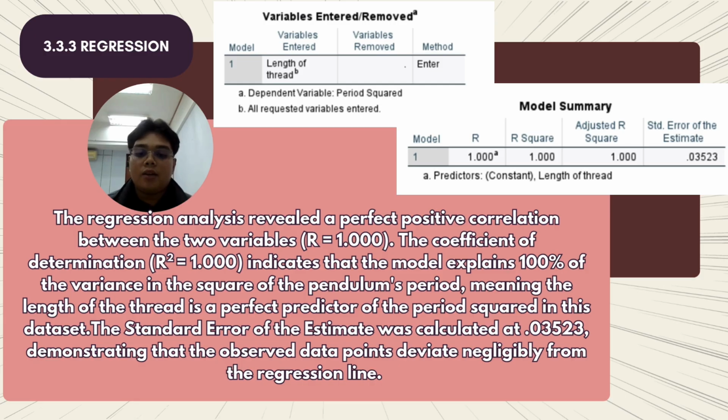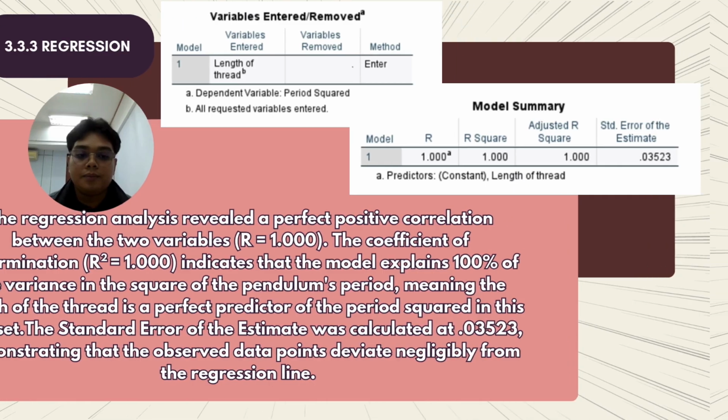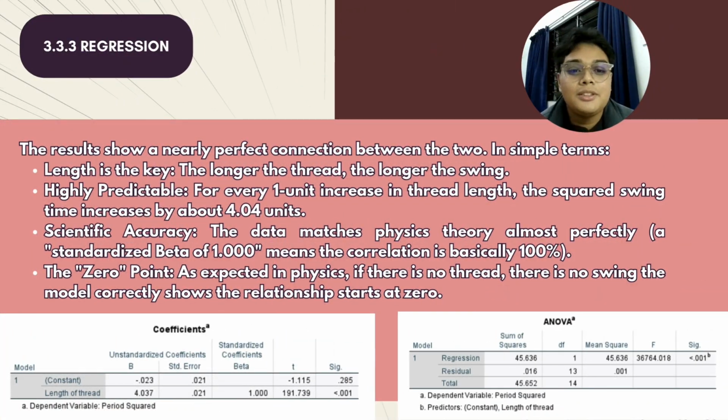The standard error of the estimate was calculated at 0.3523, demonstrating that the observed data deviate negligibly from the regression line. The result shows a nearly perfect connection between the two, which, in simple terms, means the length is the key.